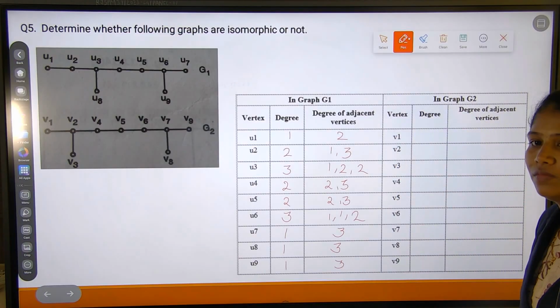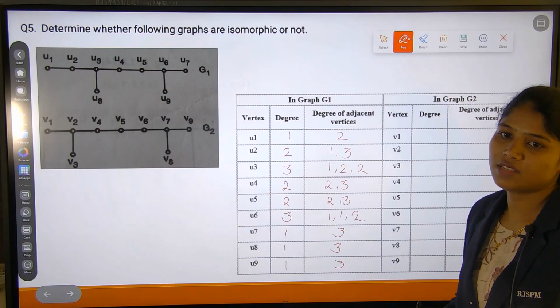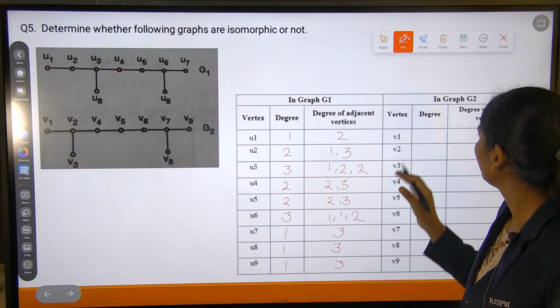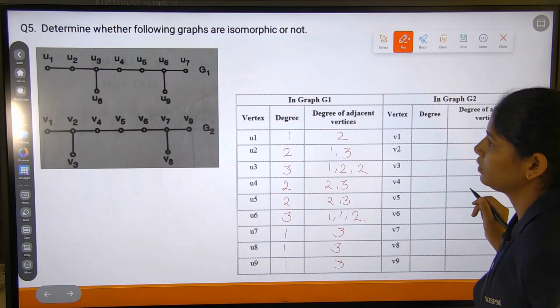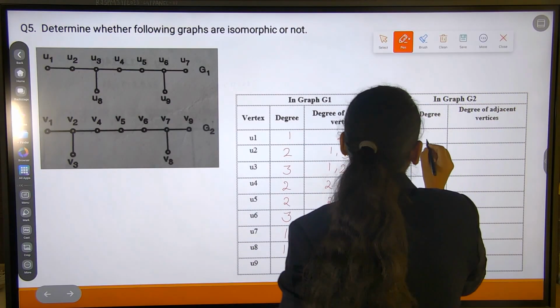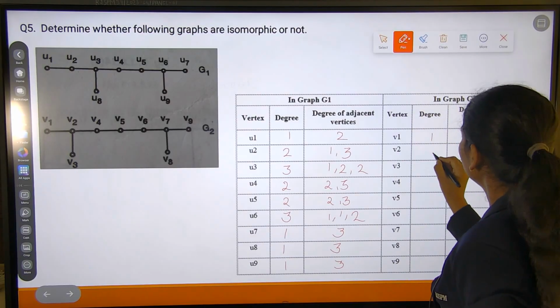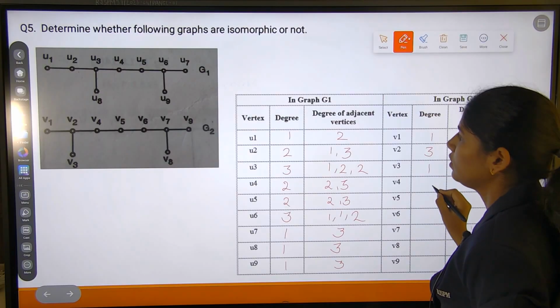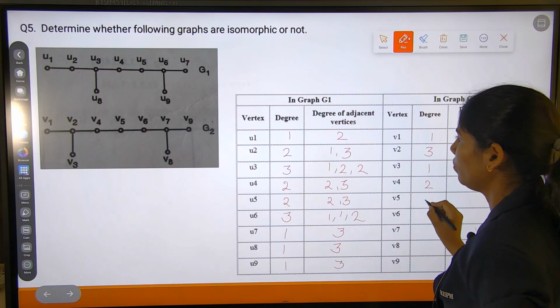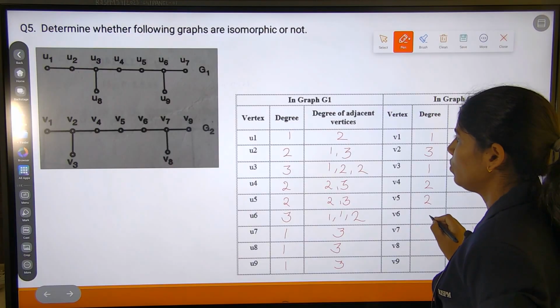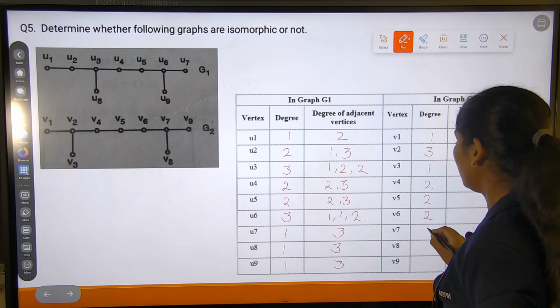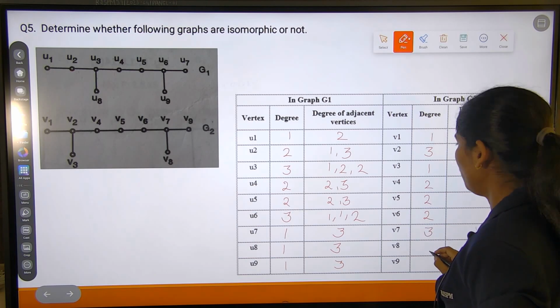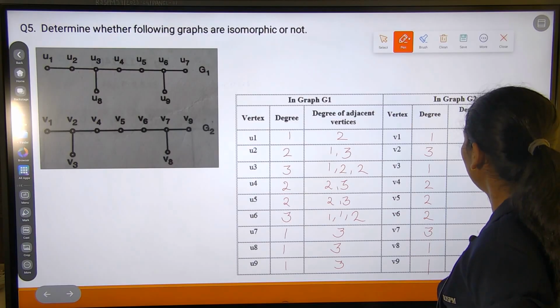Write down the degrees and adjacent degrees of graph G2. So here degree of V1 is 1, degree of V2 is 3, degree of V3 is 1, V4 having degree 2, V5 having degree 2, V6 having degree 2, V7 having degree 3, V8 1 and V9 1.